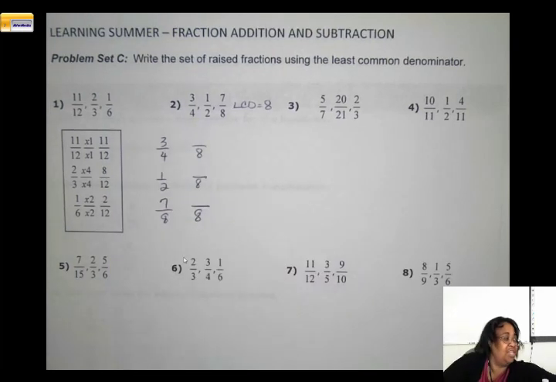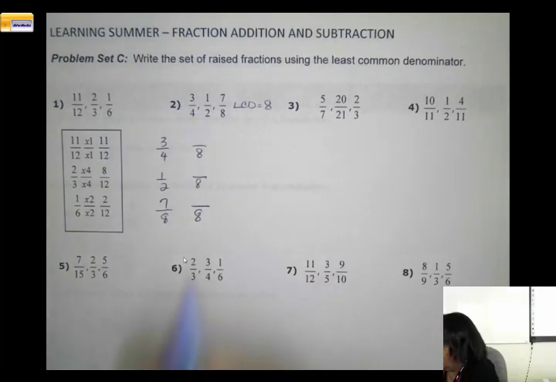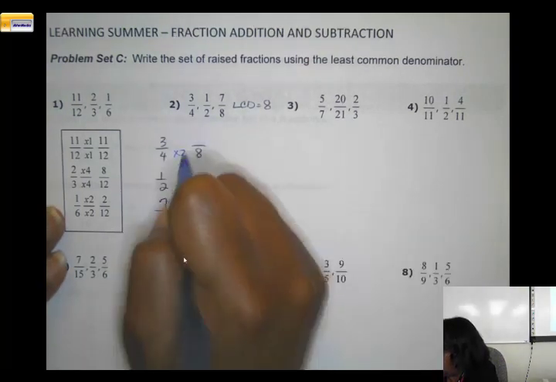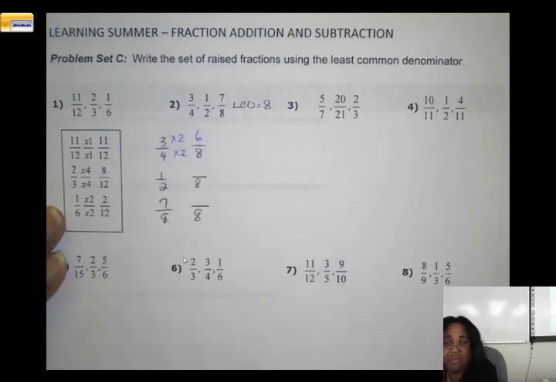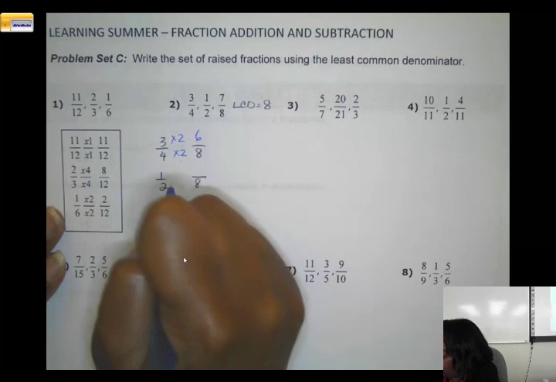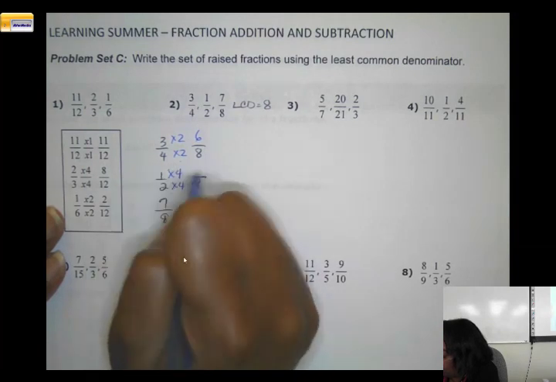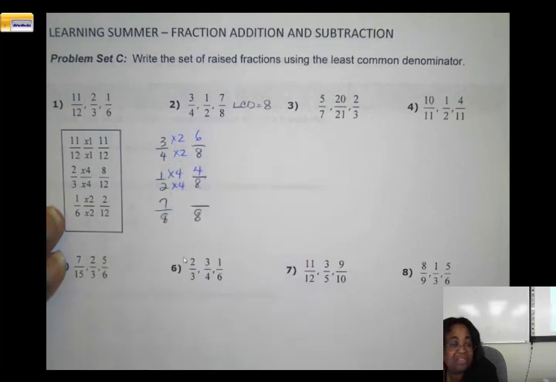And then you just raise your fraction. 4 times 2 gives me 8. What I do to the bottom, I do to the top. So the equivalent fraction is 6/8. 2 times 4 gives me 8. What I do to the bottom, I do to the top. So that equivalent fraction is going to be 4/8.